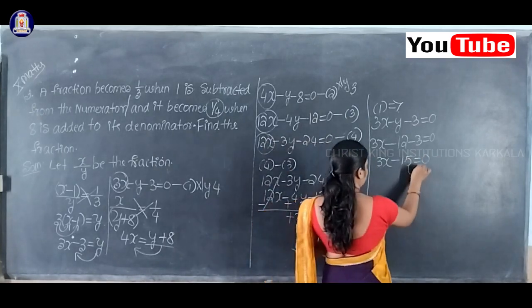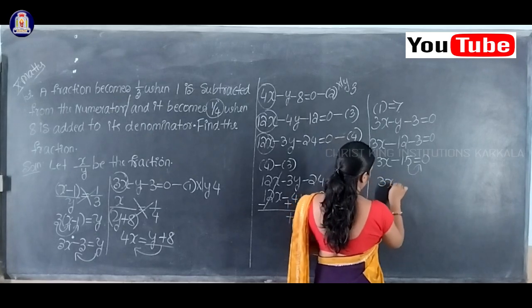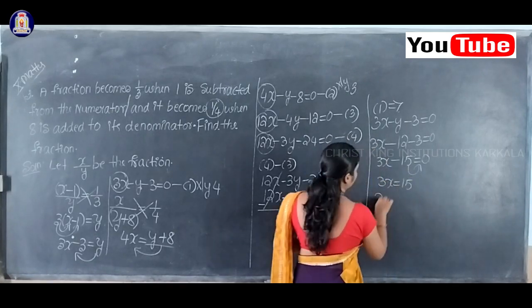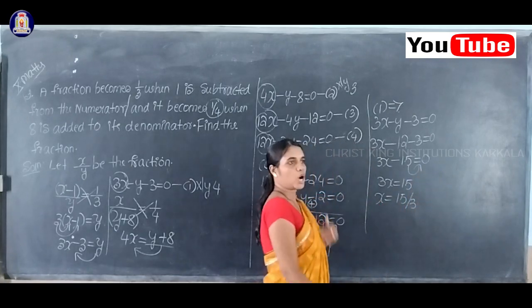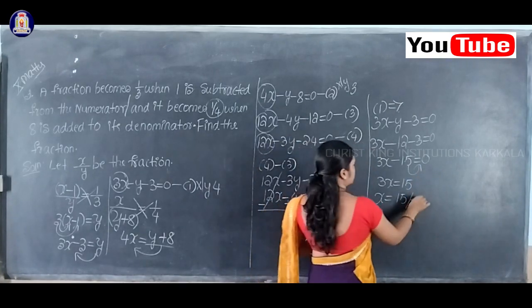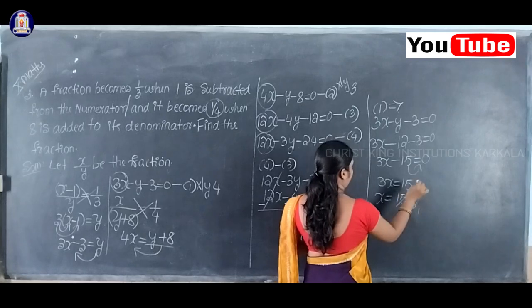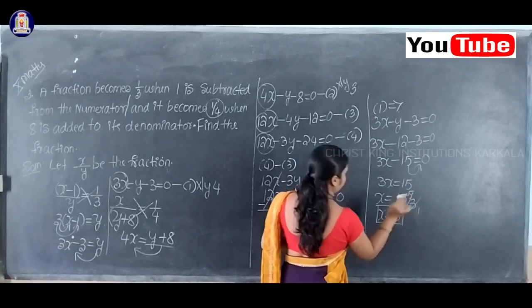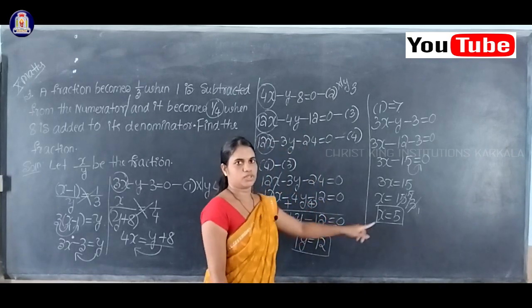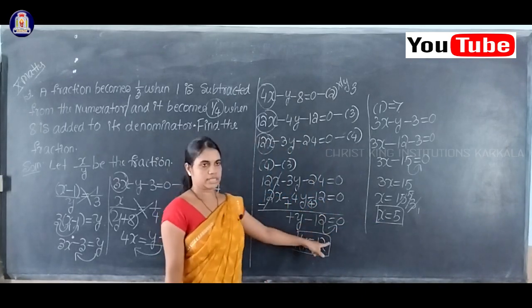Shift this minus 15 to the other side, so 3x is equal to 15. So x is equal to 15 by 3. 3 ones are 3, 3 fives are 15. So x is equal to 5. The value of x is 5 and the value of y is 12.